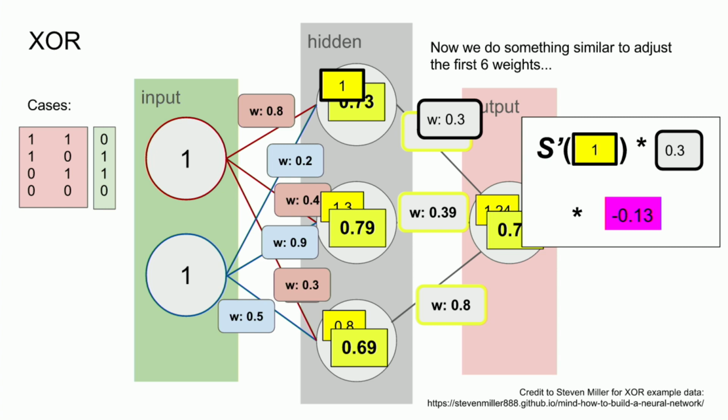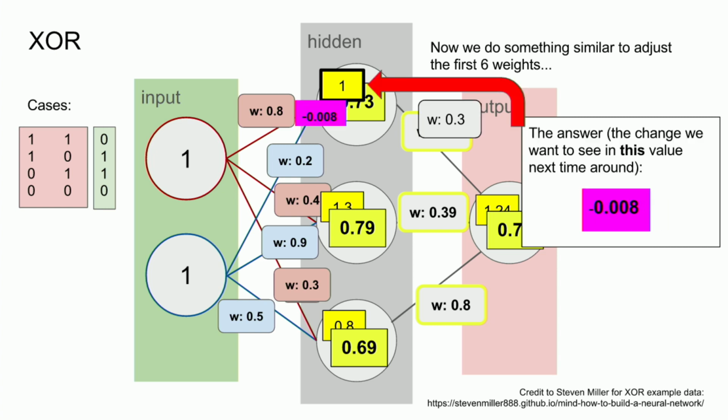Again, taking the derivative of, this is the derivative of the squashing function, and taking the original sum that came in from here and here, and then multiplying it by the original weight that came after. And then we get the number that we want to adjust the following weight by.